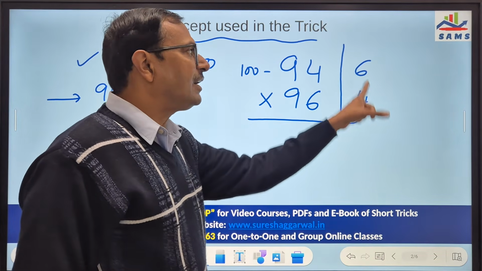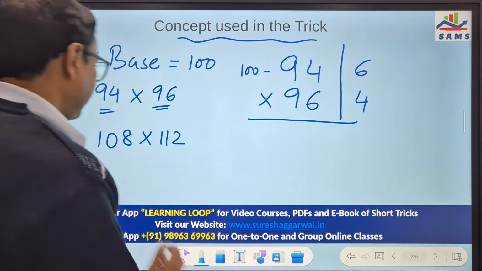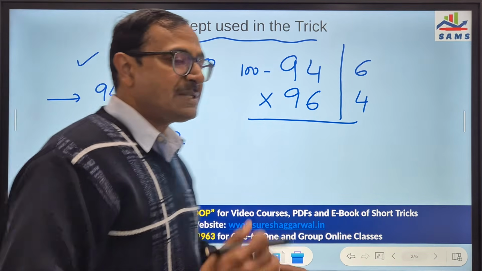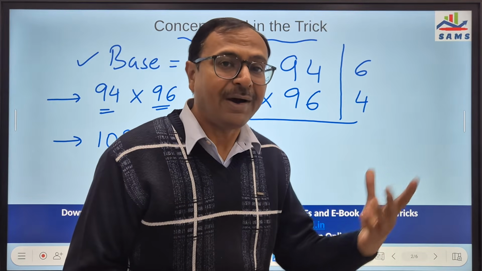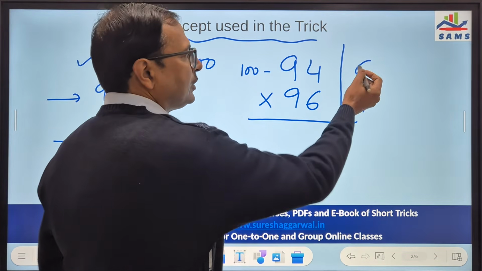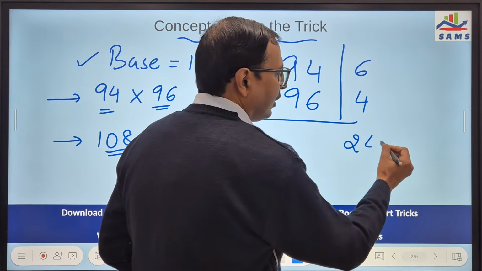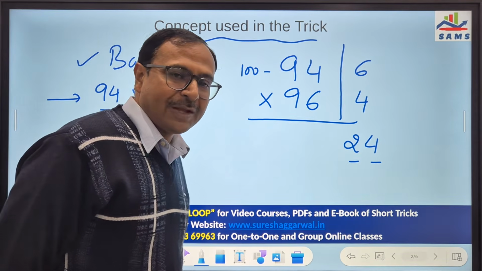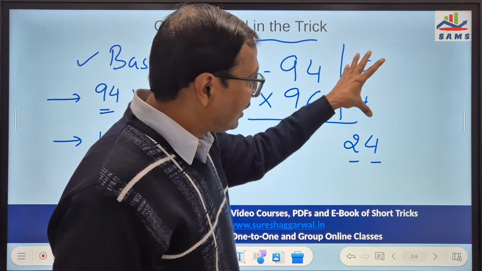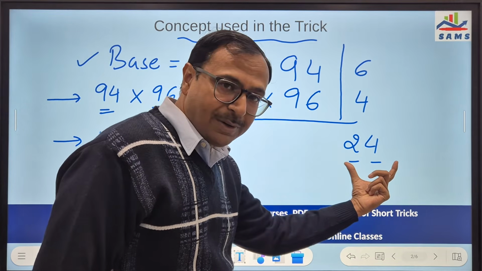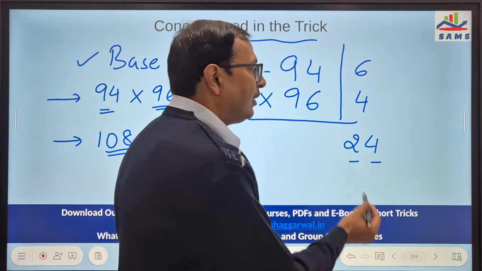So I just need the deficits, or in this case the excess. That means how much is 108 above 100. If I know these and I know 6 times 4 is 24, I have two digits here. Now if the deficits multiply together to give a single digit number, I will prefix a 0. Why?